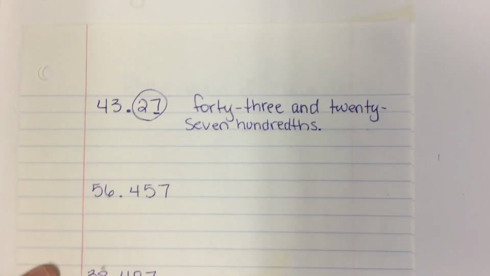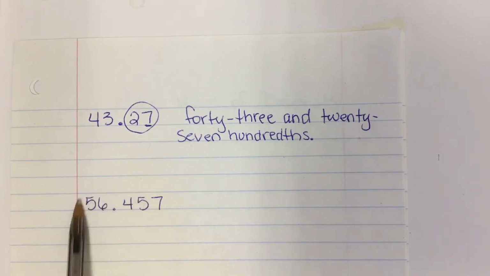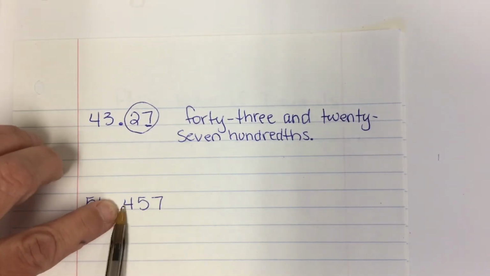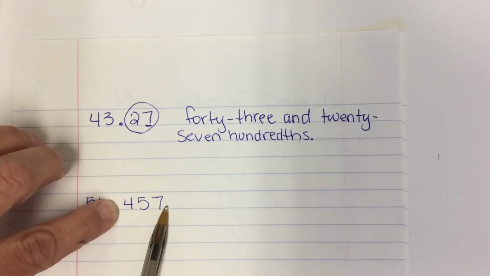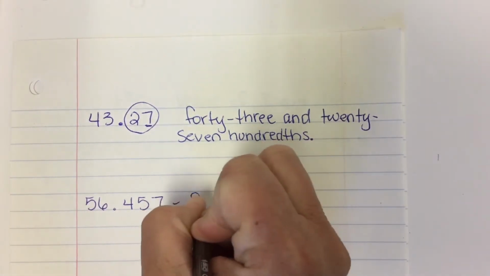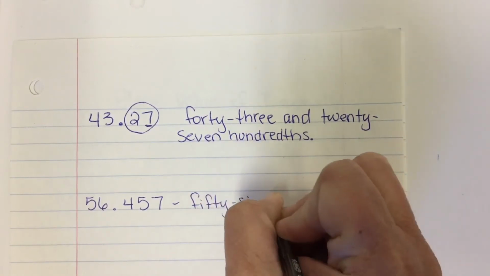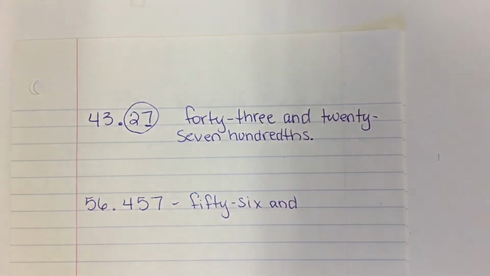All right, so look at this one. If I wanted this one in written form, 56 and then this number right here, how would you write that? So I'm going to start it. 56 and, okay, how would you finish this problem?